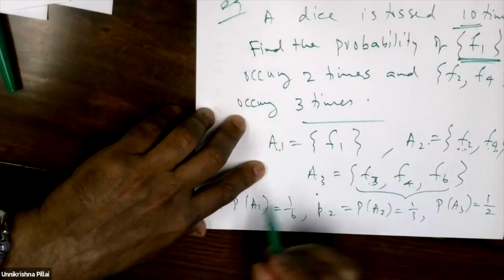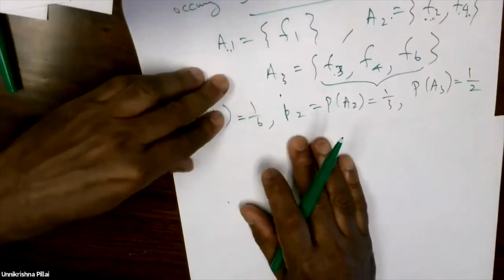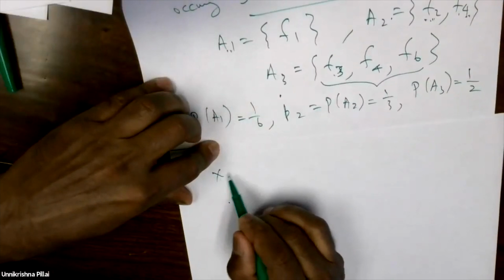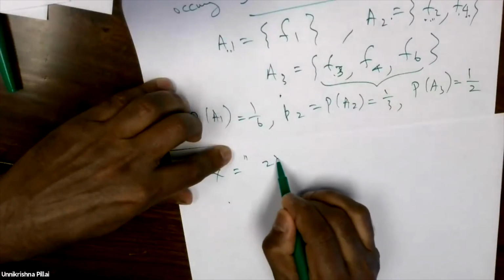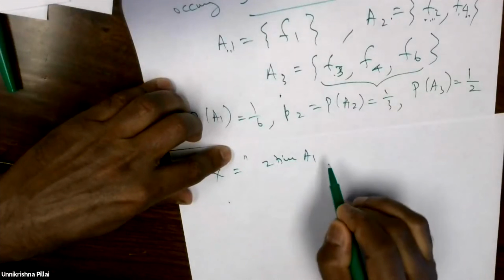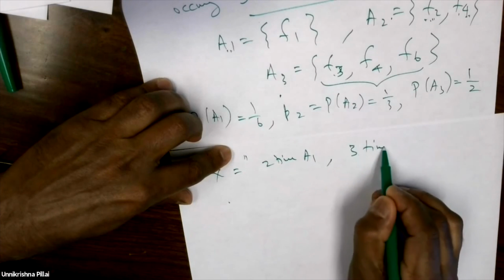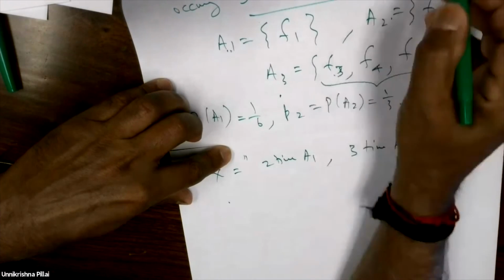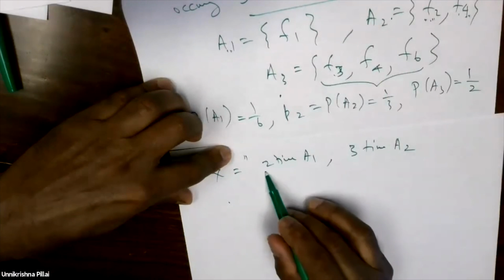All right, so now look at the question. The question is, what is the probability of F1 occurring 2 times, A1, and 3 times A2, but you are tossing 10 times. What does that mean? Anybody? 5 times A3. Yeah, that's the thing you have to fill up.